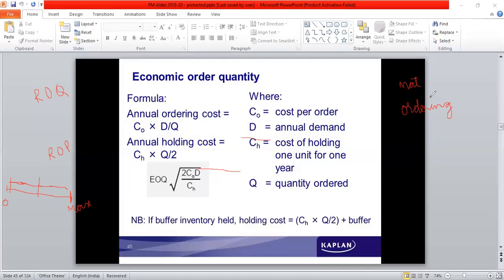After the material is purchased, the material has to be stored. So storage costs are also to be incurred. What does storage cost mean?